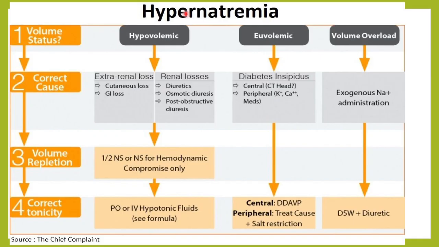The treatment also depends upon the cause of hypernatremia. Whenever there is a hypovolemic state, we will have to give fluids and correct it. Whenever there is volume overload, we might have to give a diuretic, because hypernatremia is not a disease. Hypernatremia is a manifestation of other diseases. There can be so many conditions which can cause hypernatremia.